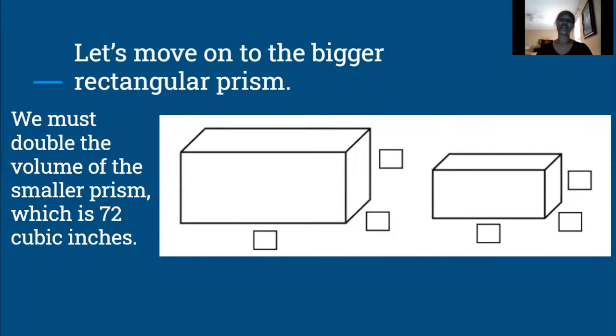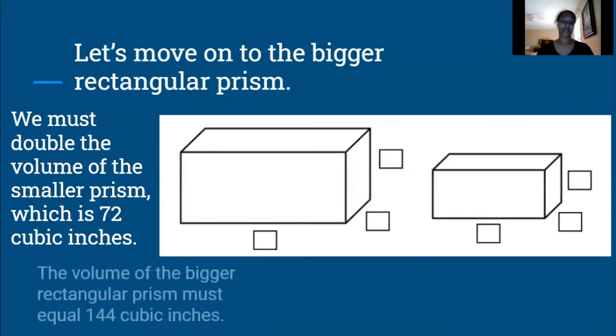So again, we are doubling. 72 cubic inches doubled: 72 plus 72, or 72 times 2, equals 144 cubic inches. So that means that the bigger rectangular prism has to equal 144 cubic inches.